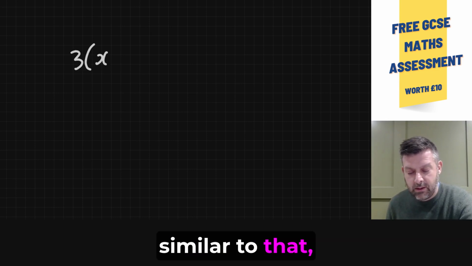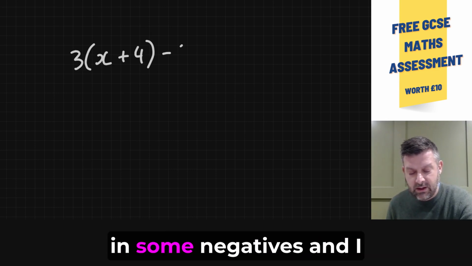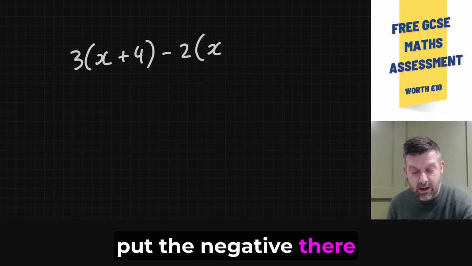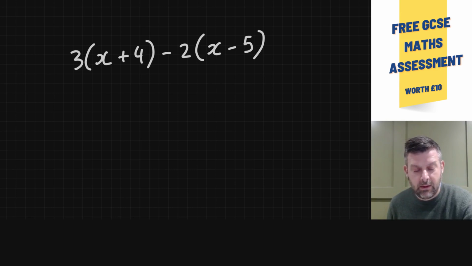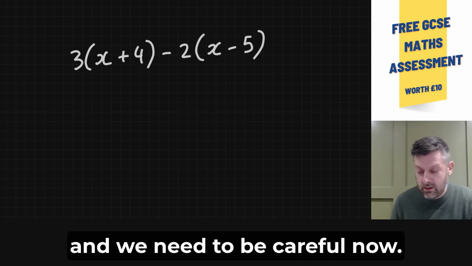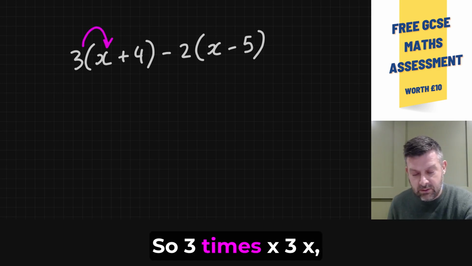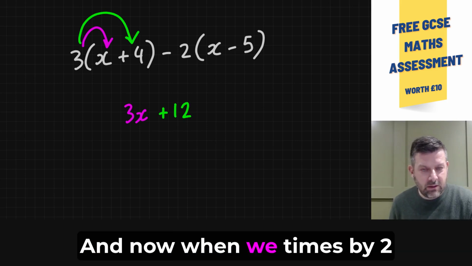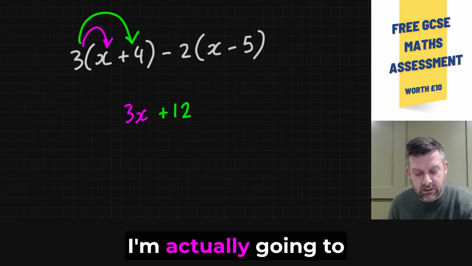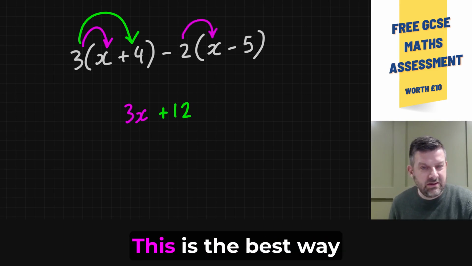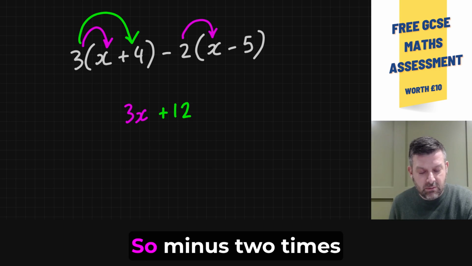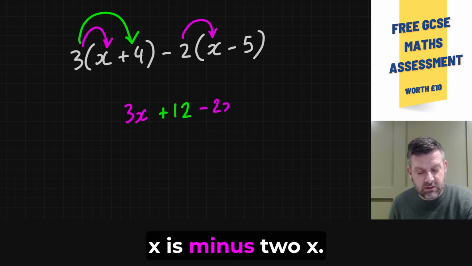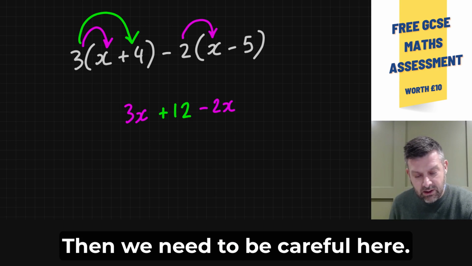So last example I'm going to give you, similar to that, but this time I'm going to throw in some negatives. I'm going to put the negative there. And we need to be careful now. So 3 times x, 3x, 3 times 4, 12. And now when we times by 2 for the second bracket, I'm actually going to times by minus 2. This is the best way of dealing with it. So minus 2 times x is minus 2x. Then we need to be careful here.